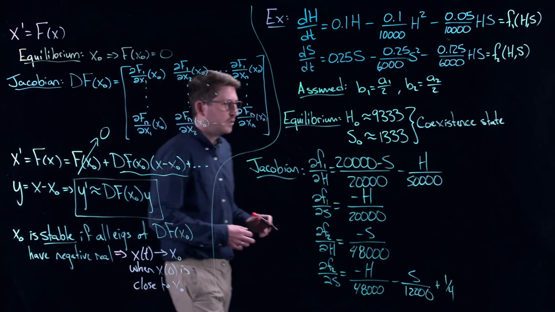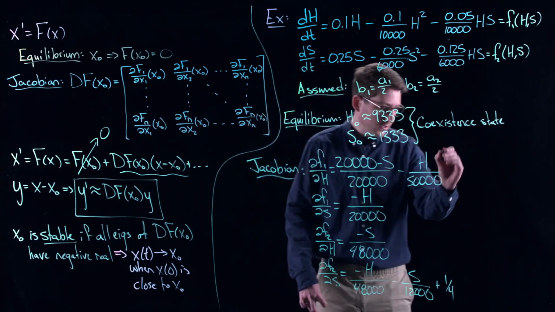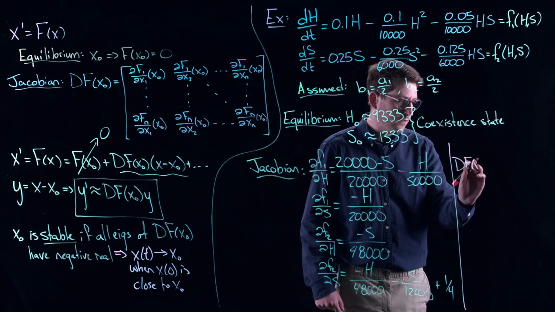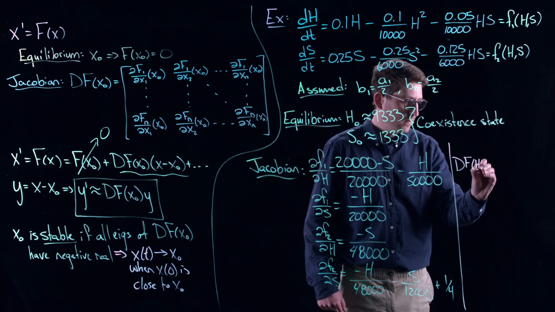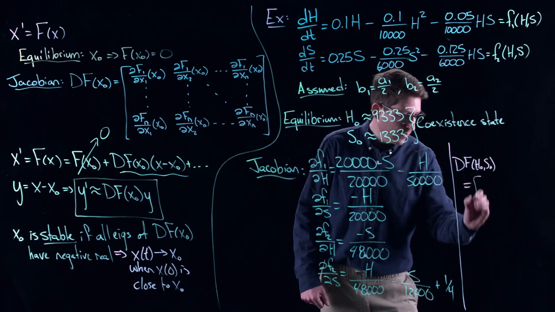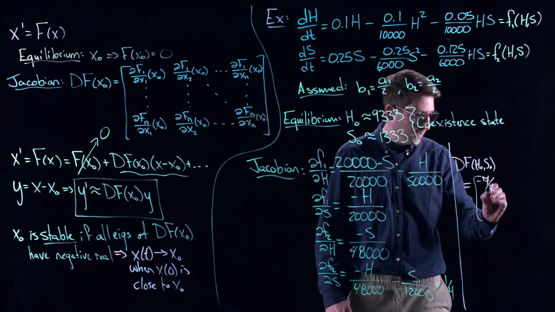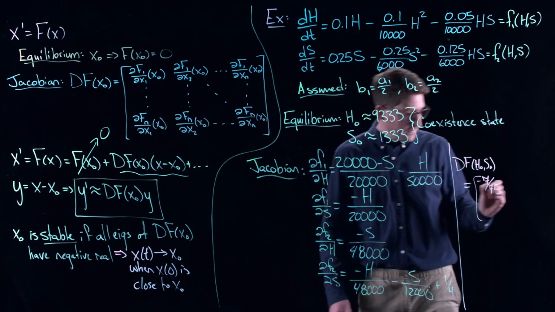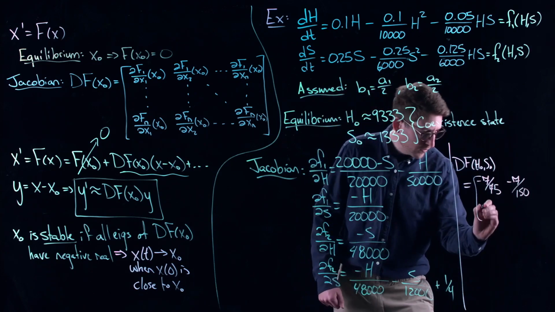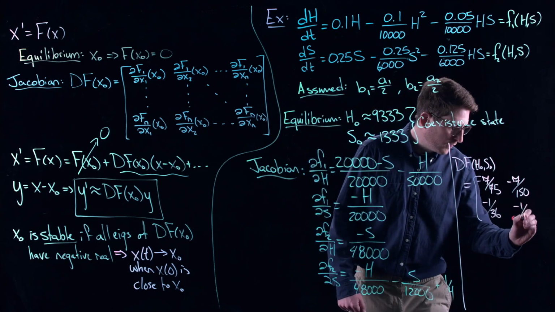There's no big deal. So in this case, my Jacobian matrix, so let's call it df of H naught, S naught, this thing is equal to, so it actually simplifies quite nicely, depending on maybe your definition of nicely: minus 7 over 75, minus 7 over 150, minus 1 over 36, and minus 1 over 18.